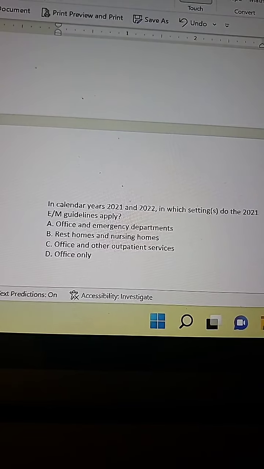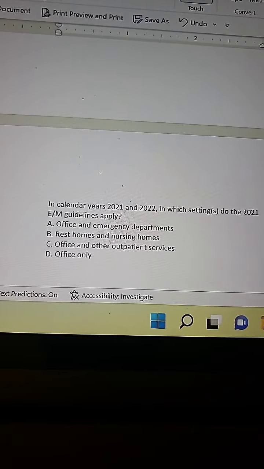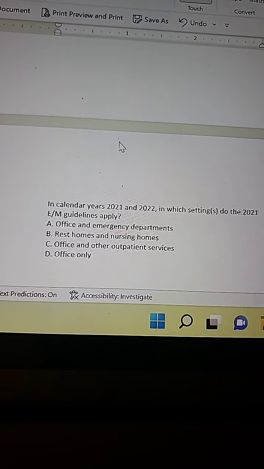In the calendar year 21 and 22, in which setting do the 21 E&M guidelines apply? Yep. We no longer need our history exam. All we need is MDM or time. Which one of these E&M guidelines applies? Which ones did they upset and change?